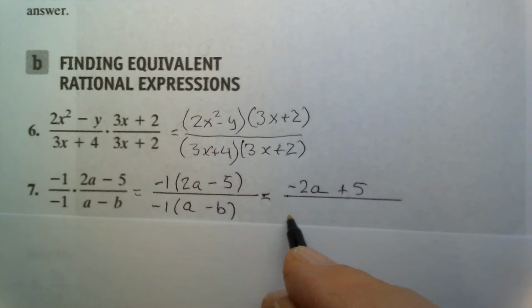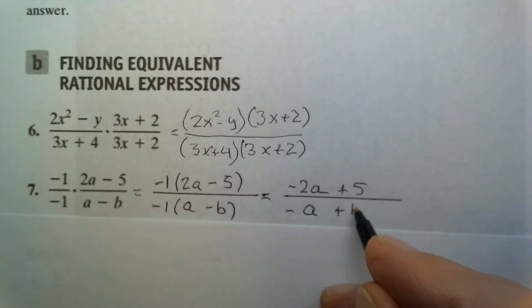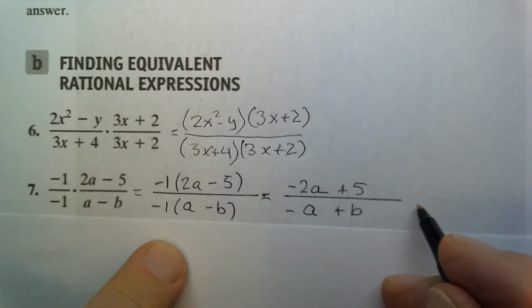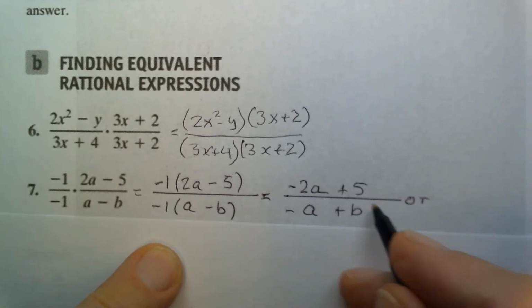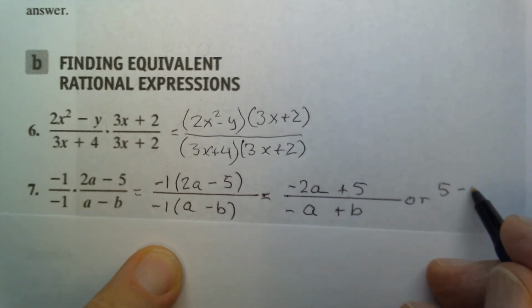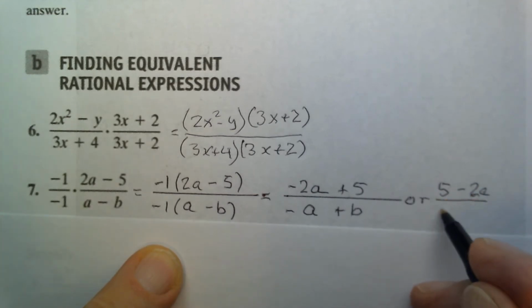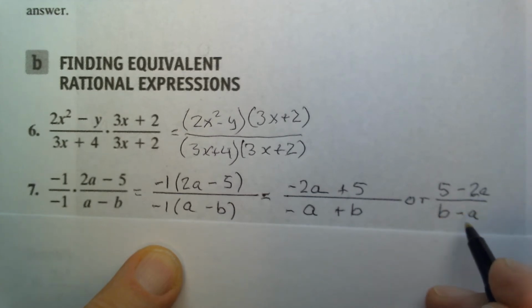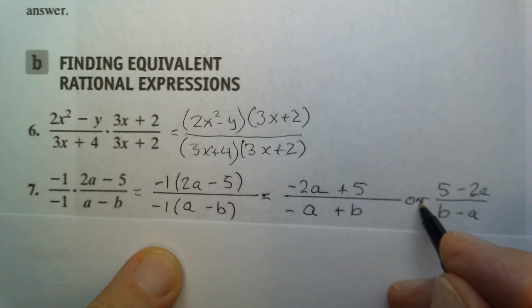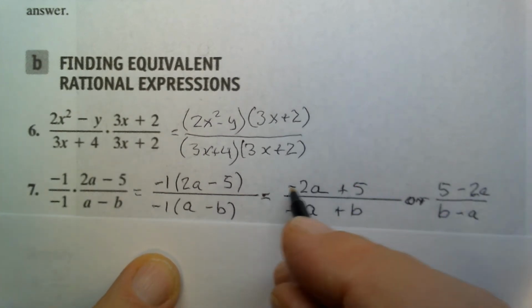And minus 1 times a is minus a, and minus 1 times minus b is plus b. Or we can switch these terms around to begin with a positive term: 5 minus 2a divided by b minus a. So either way it works, you can leave it this way or that way. Mathematically, these two expressions are, of course, equivalent.